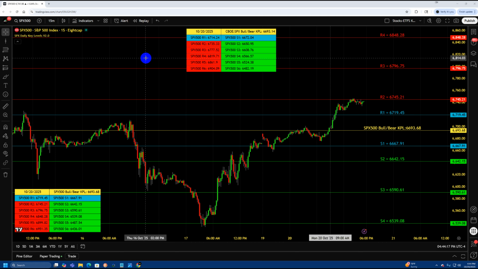So if you have a second chart open on the SPX 500 8-cap chart, then if you wish to see the levels for CBOE SPX 30 minutes prior to the 9:30 open, then we have this second table here, which will give you the levels that you will see at 9:30 when your indicator's on the CBOE SPX chart.